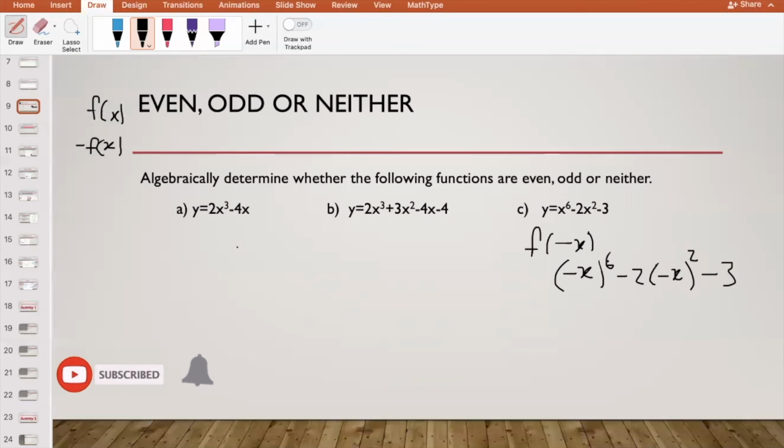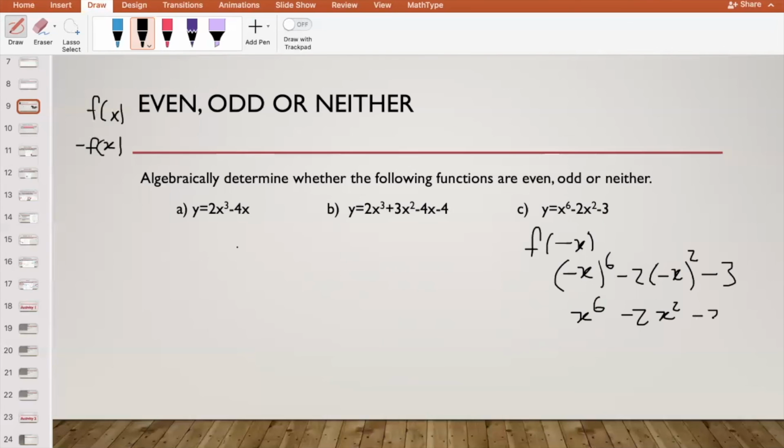Now what's going to happen, because it's an even power, it will become positive. So this is positive x to the 6. When you square this, it will become positive. So it's minus 2x squared. Remember, square this, so it becomes positive x squared. This is not inside the bracket, so that is why it remained as it is.